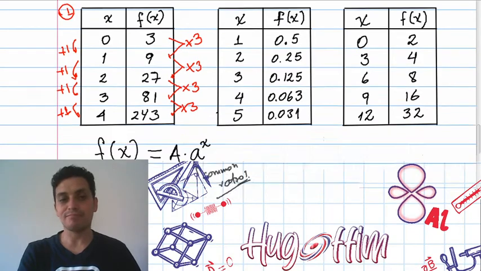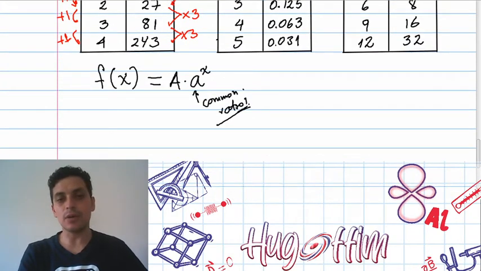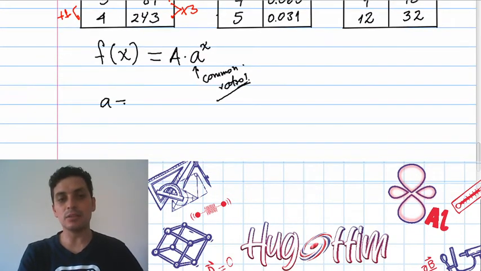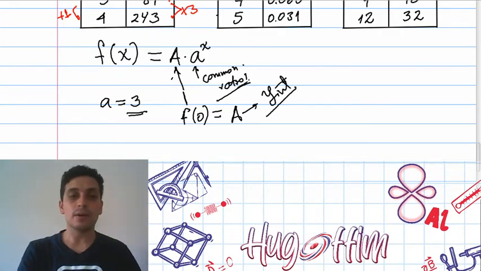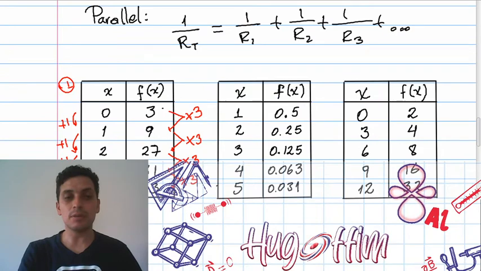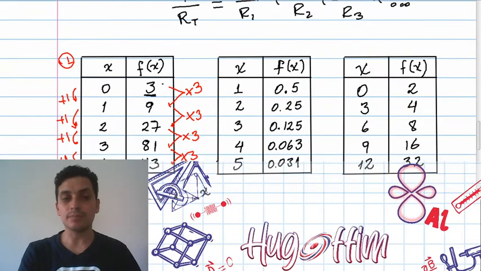In this case it's 3, so a is going to be 3. And capital A will be the value when x is 0. So when x is 0, we're going to have A. That will be the y-intercept of the function. So in this case, the y-intercept of our function is 3 as well.